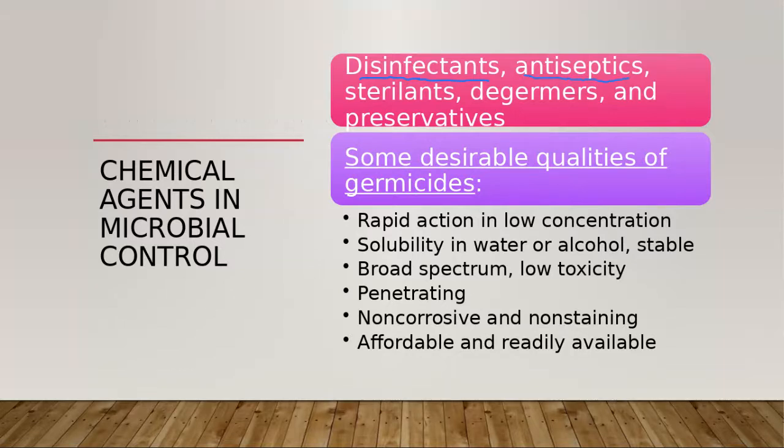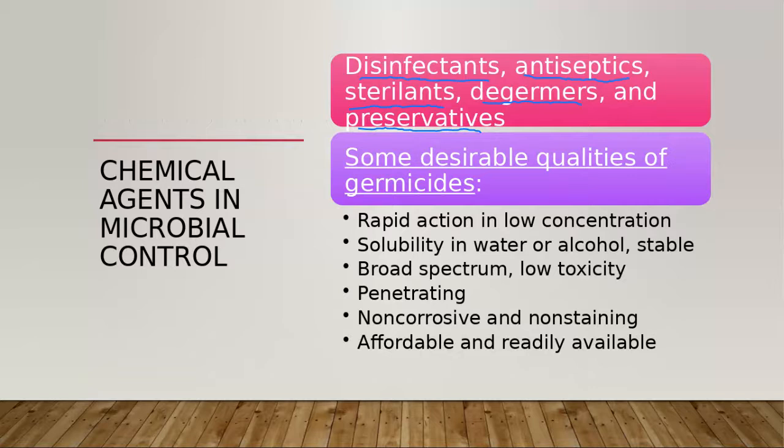Sterilant, there are some chemicals used as sterilants, on non-living objects. Degermers are used on living objects, for example, a doctor who wants to perform surgery usually uses degermers. And there are some chemicals used as preservatives, like in food. Some people put chemicals on it.